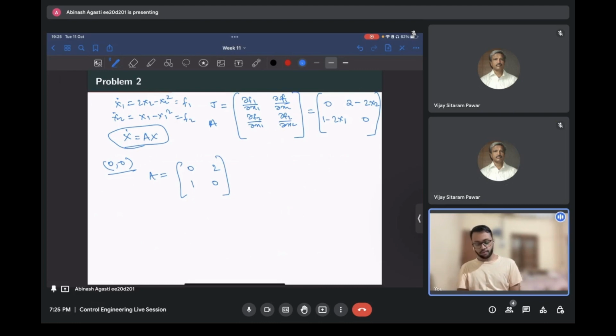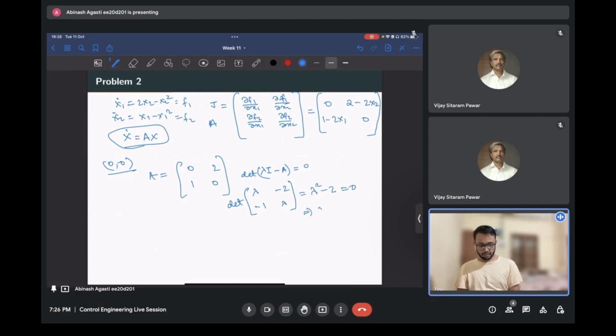So then we want to find out the eigenvalues to make some comment about the stability. So let's do that. So eigenvalues are given by det(λI − A), we want to equate that equal to 0. So let's find that matrix, right? And its determinant is lambda square minus 2 equal to 0.